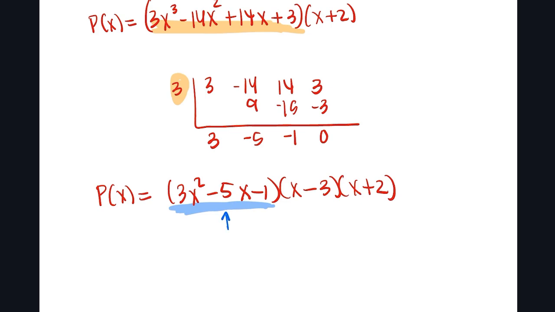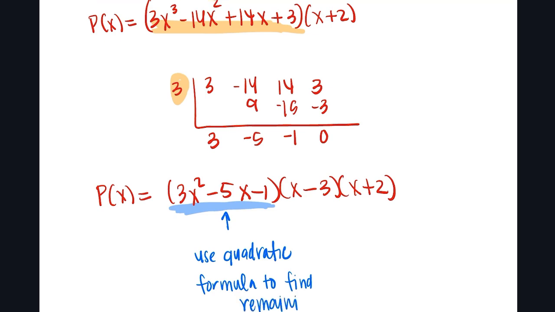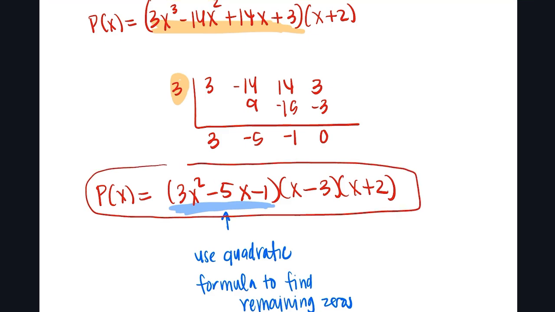So to finish this up, I would use the quadratic formula, and I'm not going to do this right now, but use the quadratic formula to find the remaining zeros. So we can factor it to here, and then I could continue with the quadratic formula to finish that.